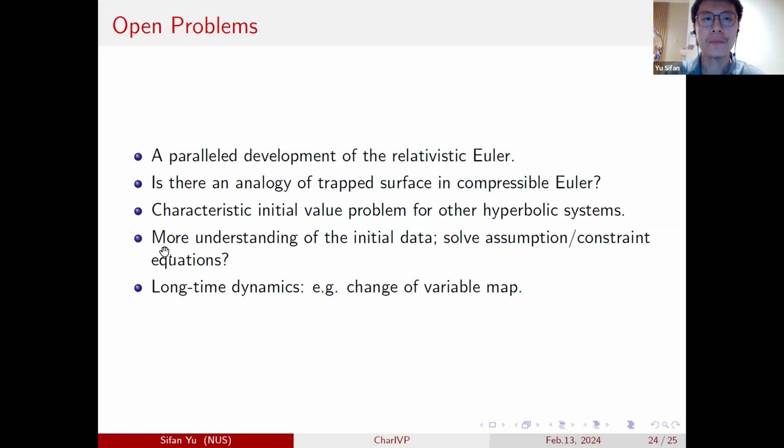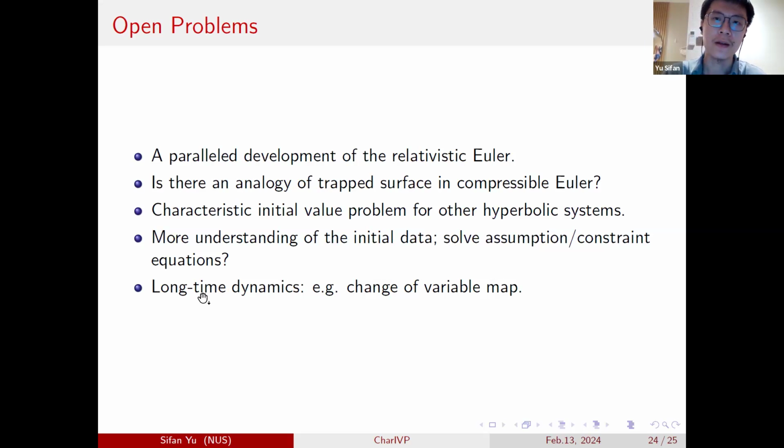And then there is more understanding of the initial data, which I mentioned earlier: we are not able to solve the assumptions for our initial data and the initial embeddings, or maybe they are not solvable. That problem looks very hard because we don't even know the type of the equation yet.